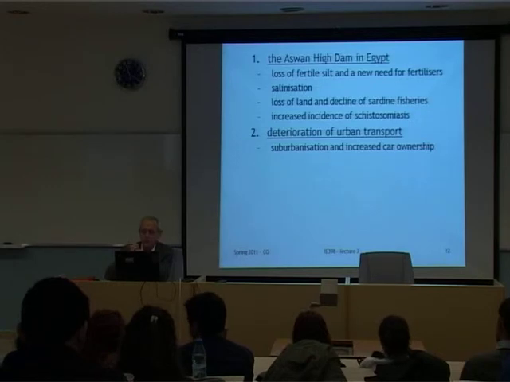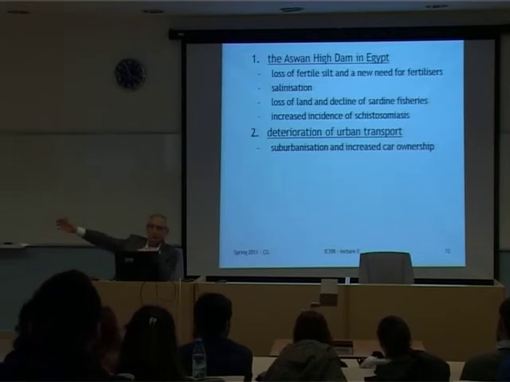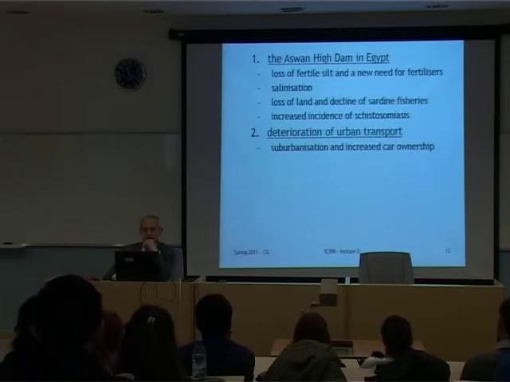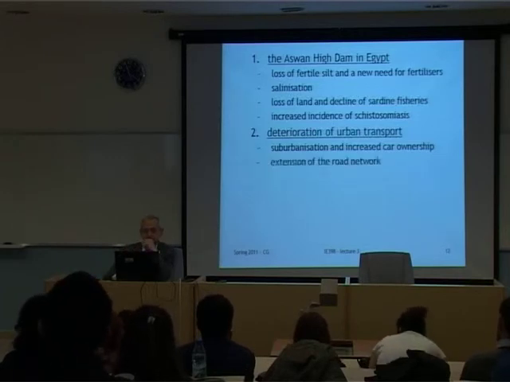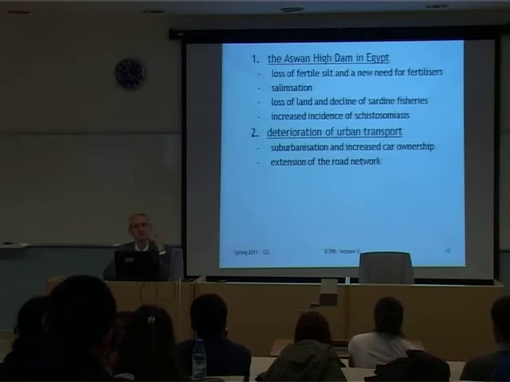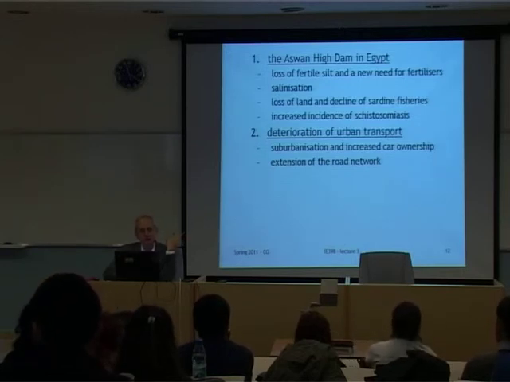But suburbanization increases car ownership. If you live 20 kilometers from the center of the city, people would tend to buy automobiles, and car ownership increases like that. This also makes it necessary to extend the road network.